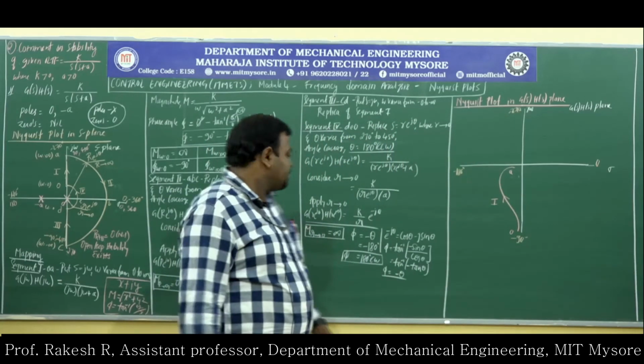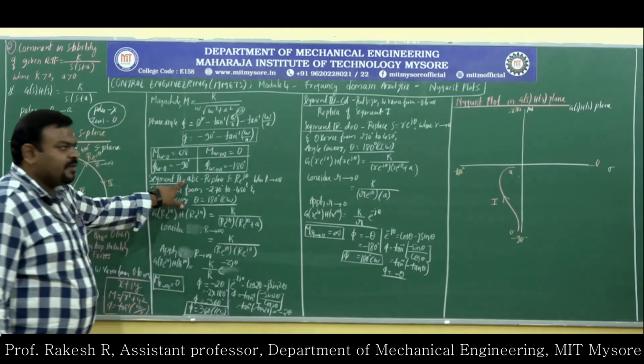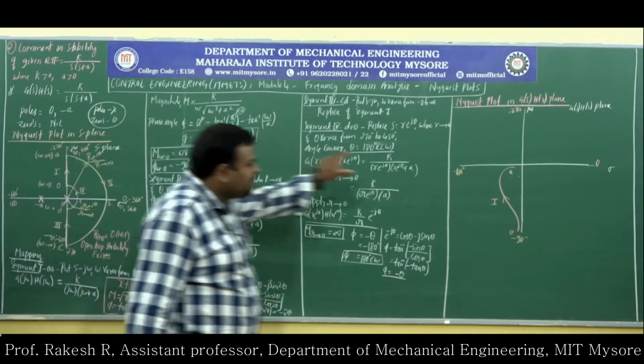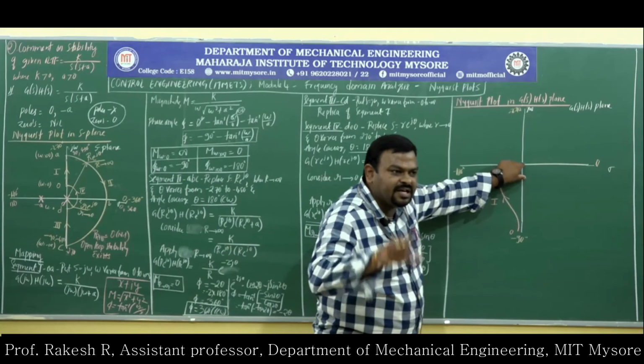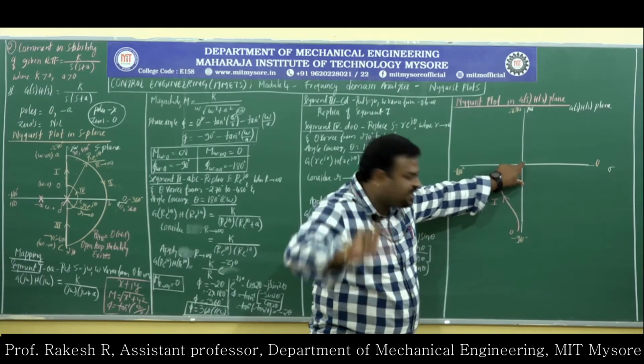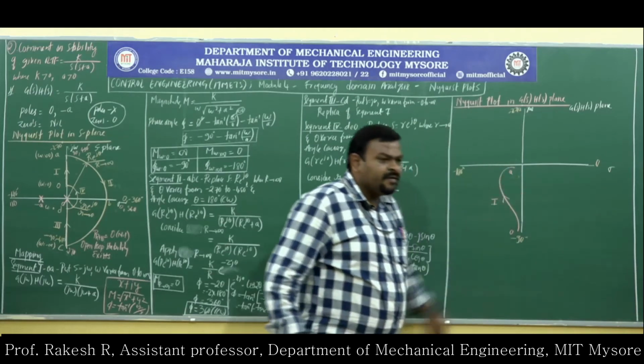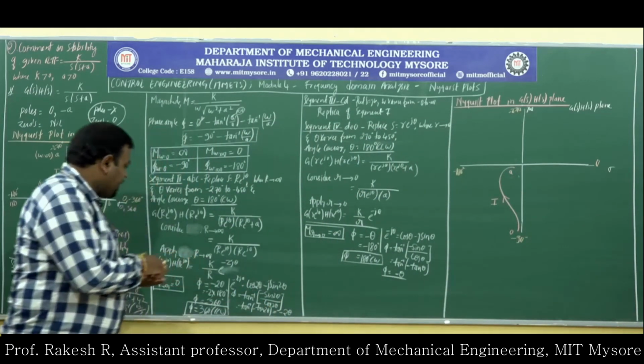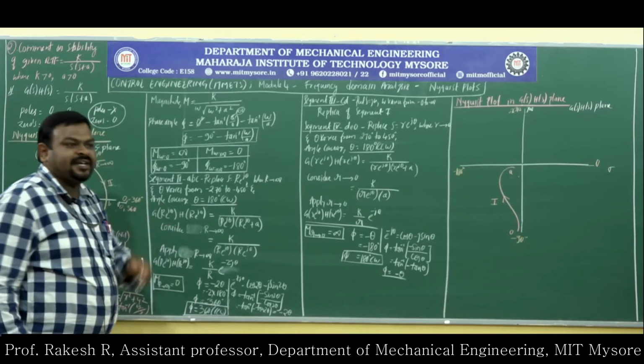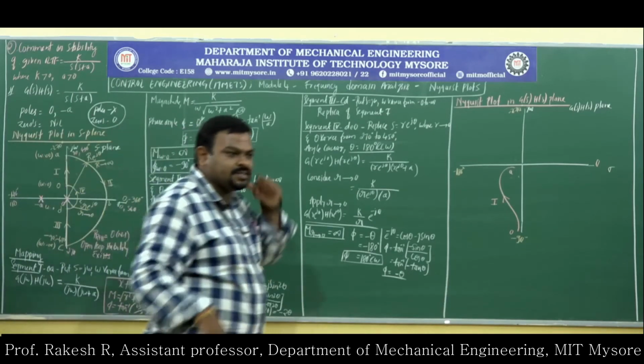Then the second thing is segment 2. What is the magnitude? 0. You are near that bypass, 0 only, that bypass from the origin. It is almost infinitesimally equal to 0. But what is the phase angle? Phase angle is 360 degree. 360 degree means it is a circle.